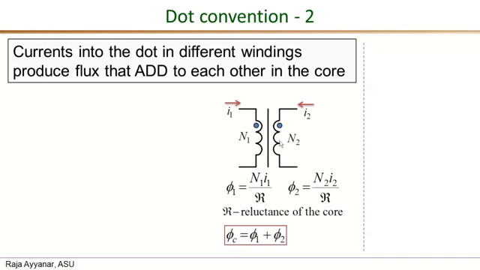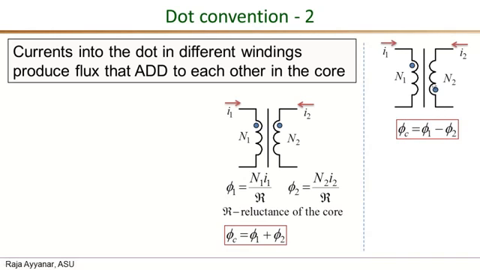Okay. Now, a different case would be this dot configuration. On the primary side, I have current entering the dot, and on the secondary side, I have current actually leaving the dot here. Okay? Or the current is entering the undotted end, therefore it is leaving the dotted end. Okay?